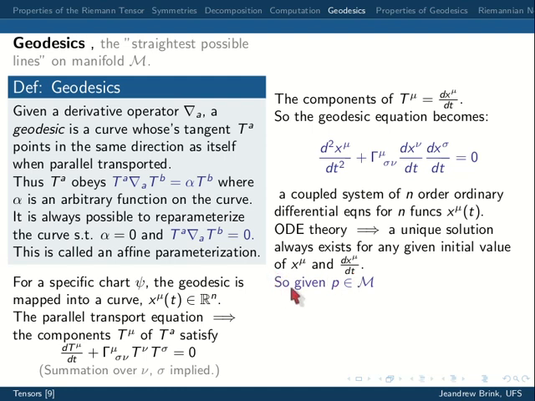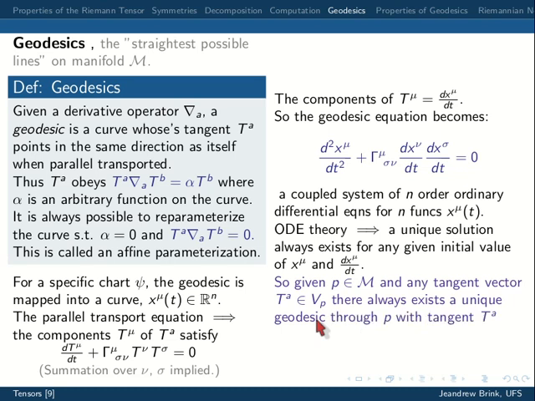And so given a point P in your manifold, any tangent vector t^a, which is an element of your tangent space at P, there always exists a unique geodesic through P with tangent t^a. So all the stuff we know of lines and curves is valid here. All the stuff we know of differential equations is valid. Once again, because we're using our chart to take us from the manifold to R^n, and then we can use everything we know in R^n.